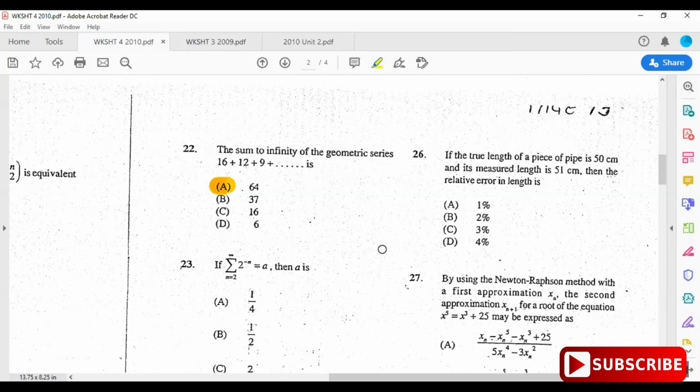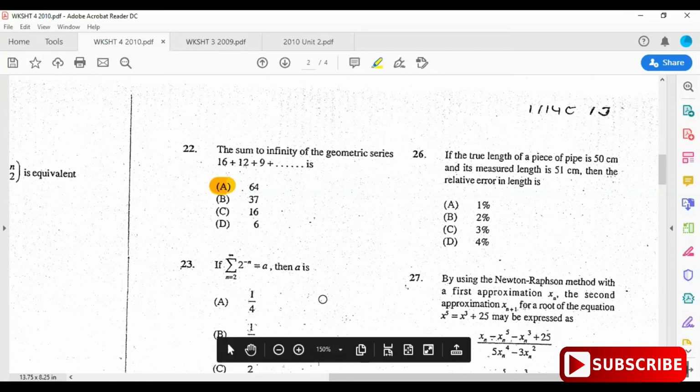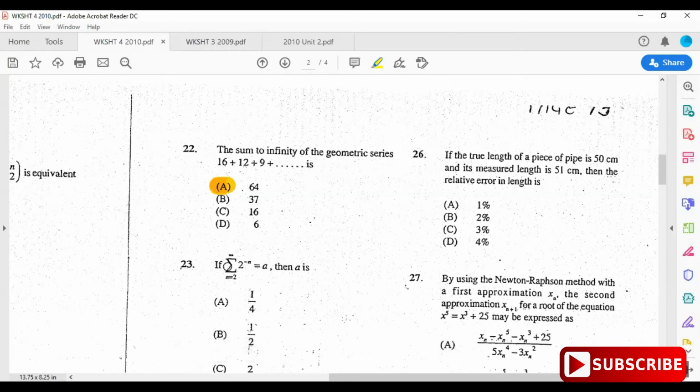Easy formula to remember. Now 23, they're asking us to find the sum to infinity, but now they put it in sigma notation, but they're asking for the same thing. So all you have to do is get it out of sigma notation into the form that we're used to.